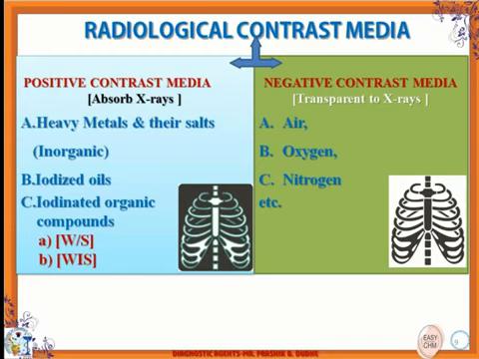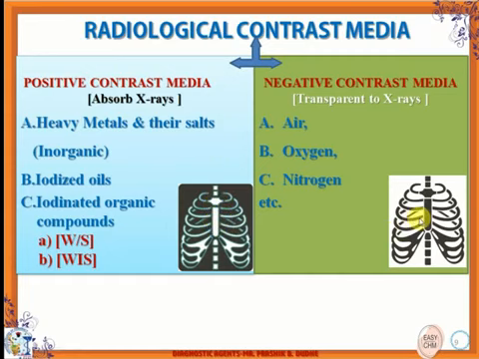In the case of positive contrast media, the X-rays coming out from the X-ray machine are absorbed by these compounds and produce the image on the X-ray film. Suppose this is the white portion; you can see the red portion there, showing the positive contrast media because it is getting absorbed over there.